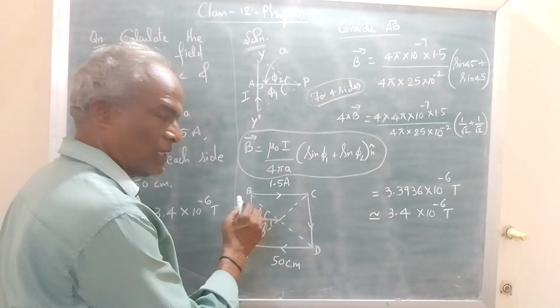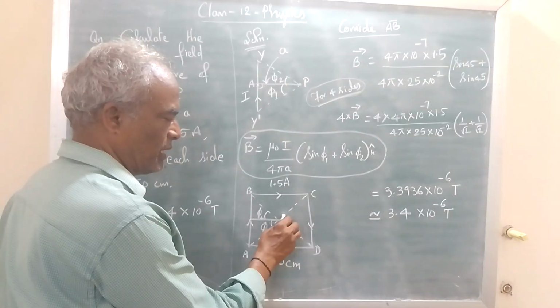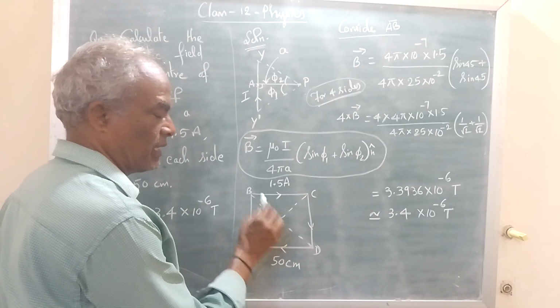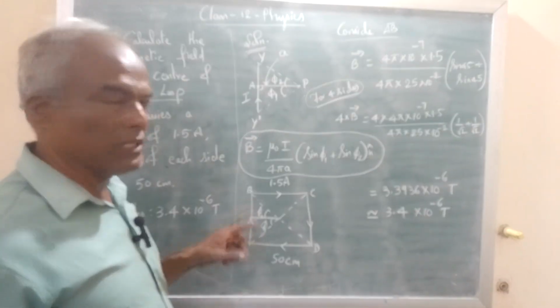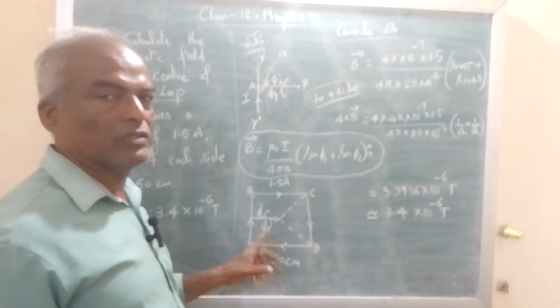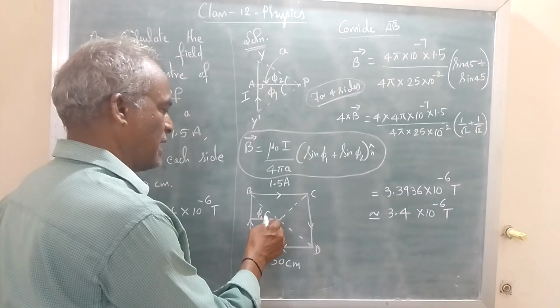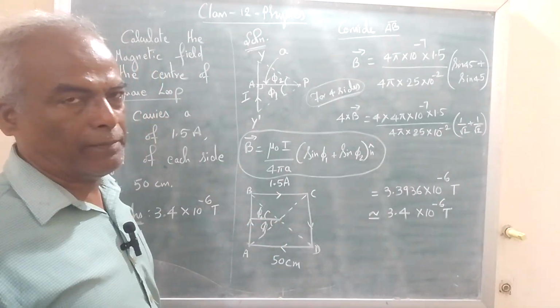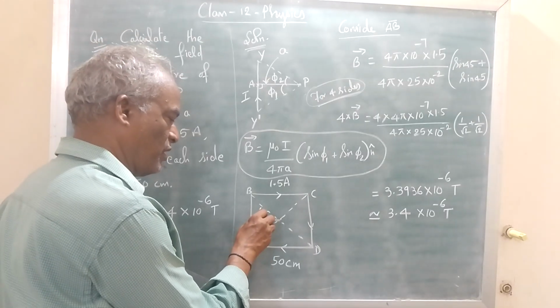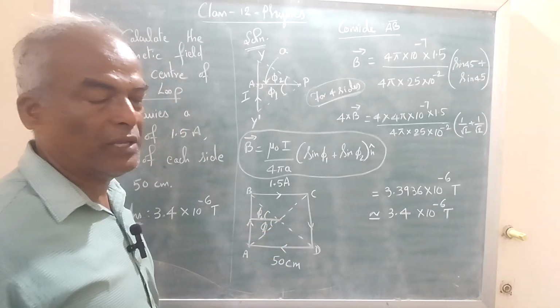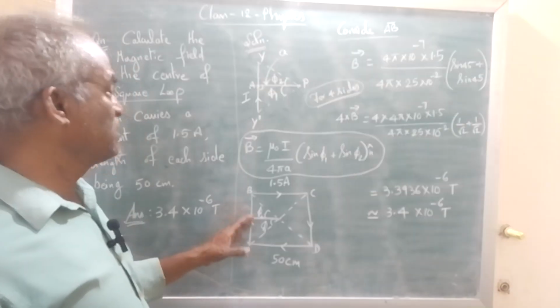So this has to be 90 degree, 90, 90 and 90, so totally you will be getting 360. Why am I telling 90 degree? Because it's a square, so definitely this angle should be 90. Also phi 1 is equal to phi 2, so this is going to be 45 and this is also going to be 45 because it is a square loop.